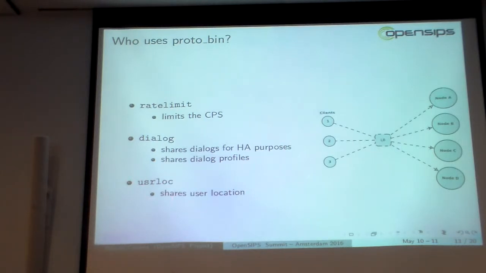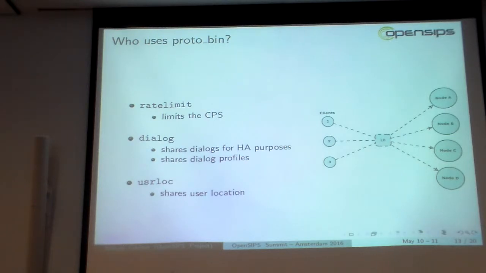You can share user location. For example, if this client registers to node A and node B wants to reach it, node B has no idea where client 1 is. So node A can share the user location information with node B. This way, node B, even though the client registers to a single server, also knows his location. But if there's no NAT, that won't work.